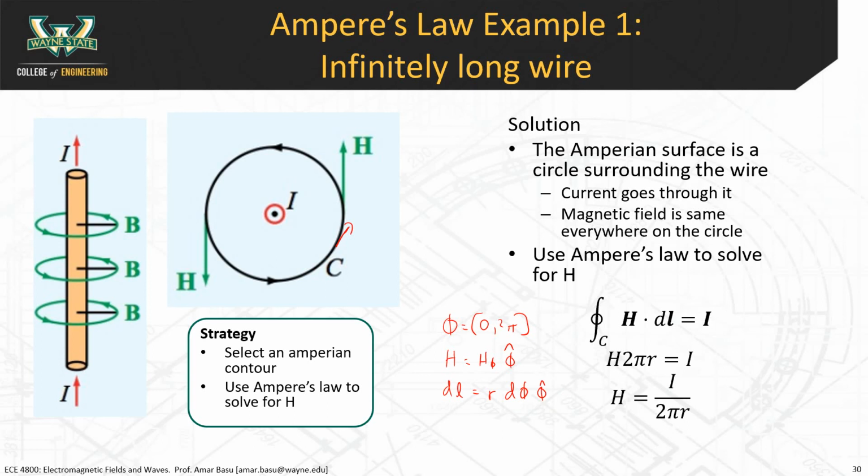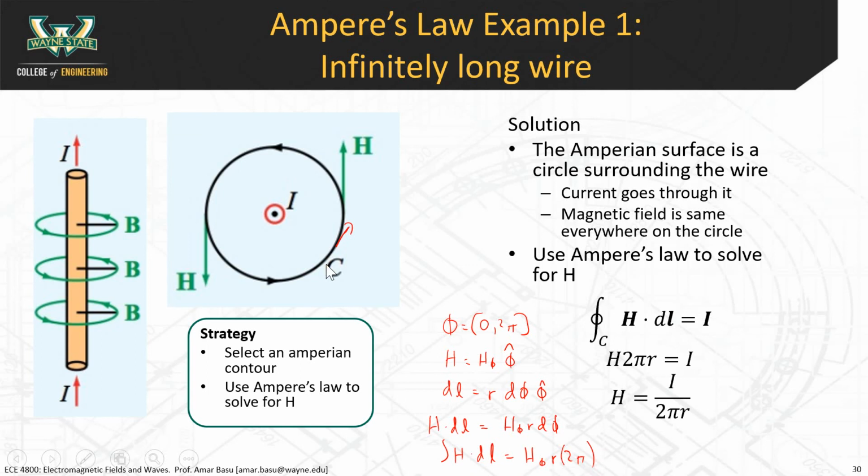H dot dl is equal to H phi times r d phi. When we integrate that around the circle, we just get H times r times 2 pi. You see how simple this calculation was.